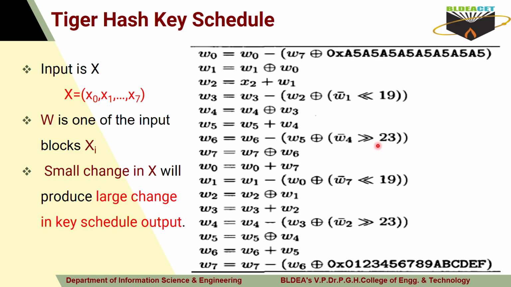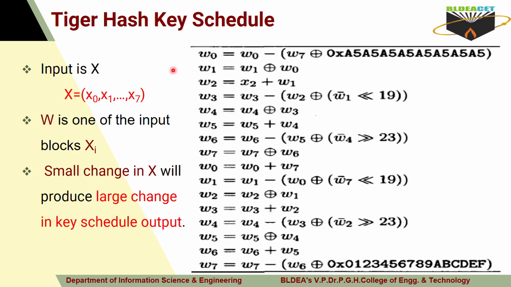Right shift by how many bits? It is 23 bits here. After shifting the complement of W4 by 23 bits, you perform the XOR operation, and if you subtract that XOR result from W6, then you will get the key W6 here. So these are some of the key scheduling functions you use to generate a key value here.